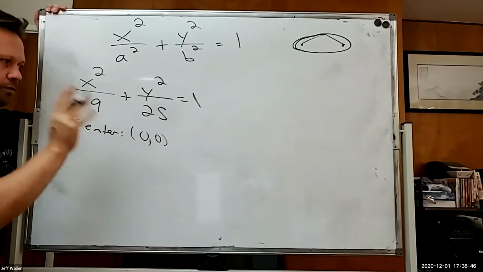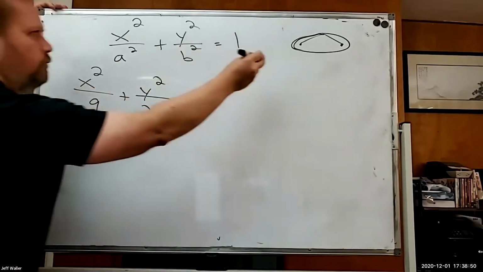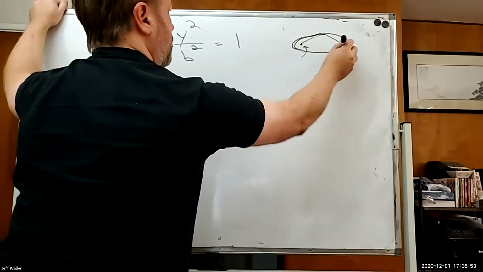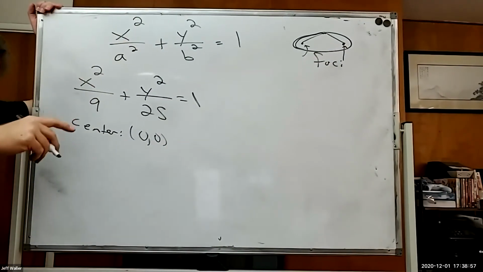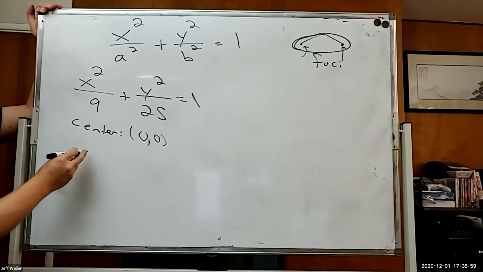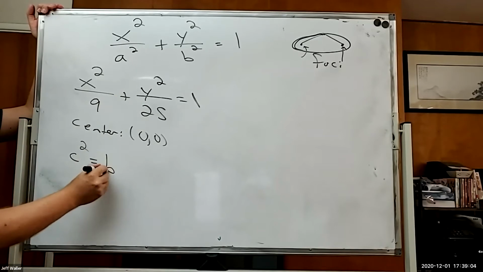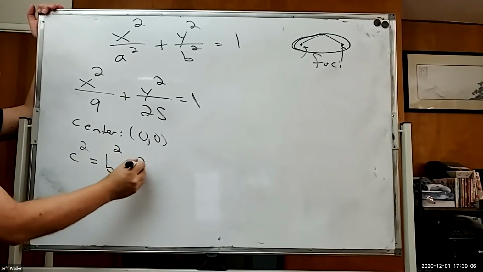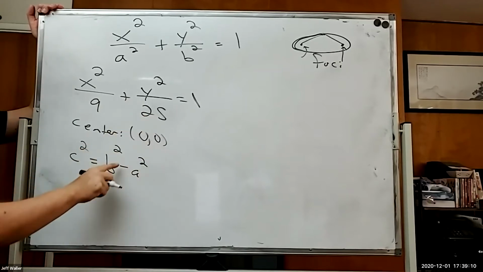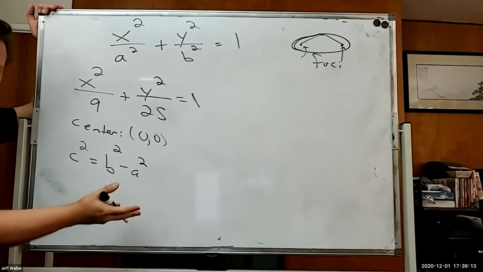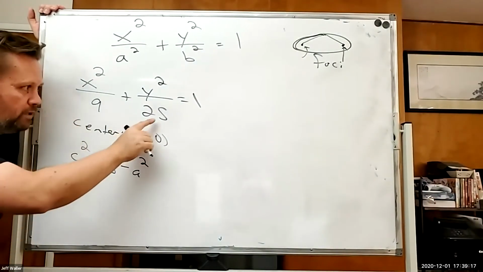So really, to graph this, let me talk about one other thing. To find where the foci are, this is something that looks almost familiar. c squared equals, and I really hate when they try to generalize this, but hopefully it's obvious that whatever the bigger one is goes first. Do you understand what I'm saying? So is it always b squared minus a squared? No, it's bigger minus smaller.